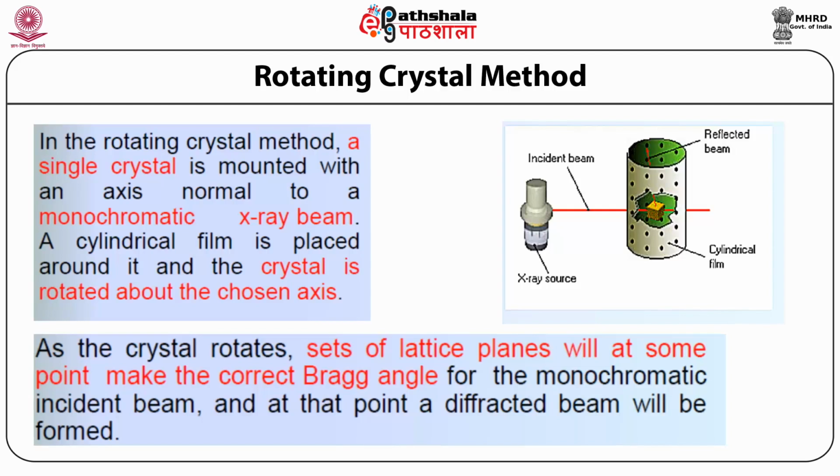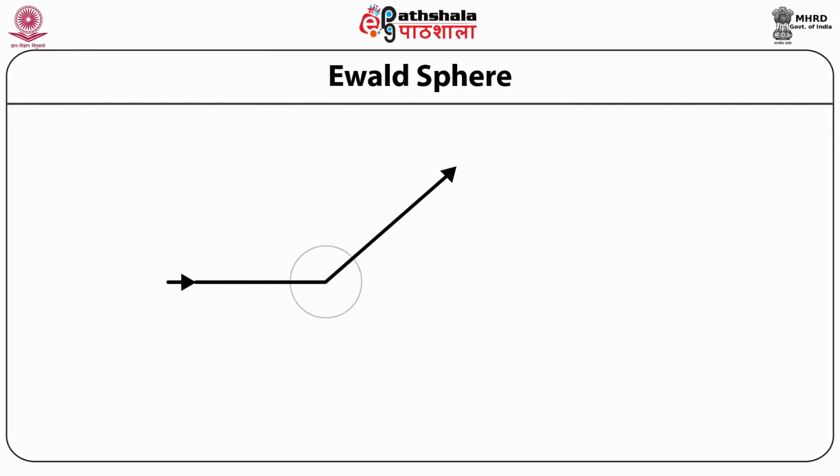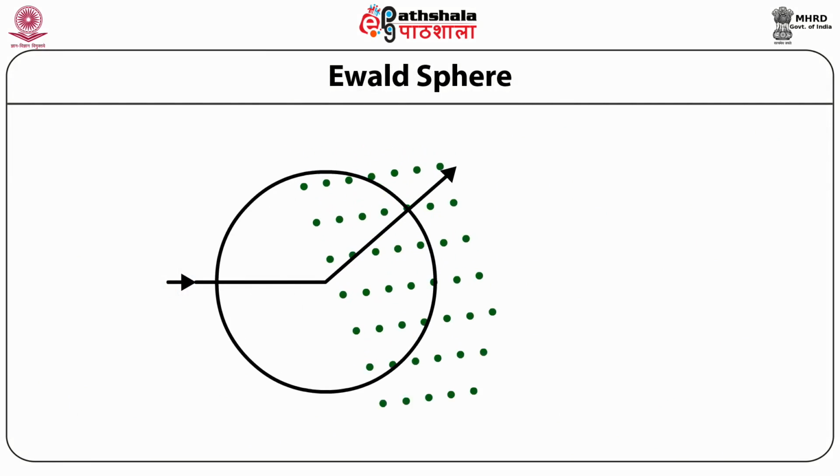So whenever this Bragg condition is satisfied, you get a spot. At a particular angle, this Bragg condition is satisfied, and you instantly get the information of the reciprocal space of the sample.